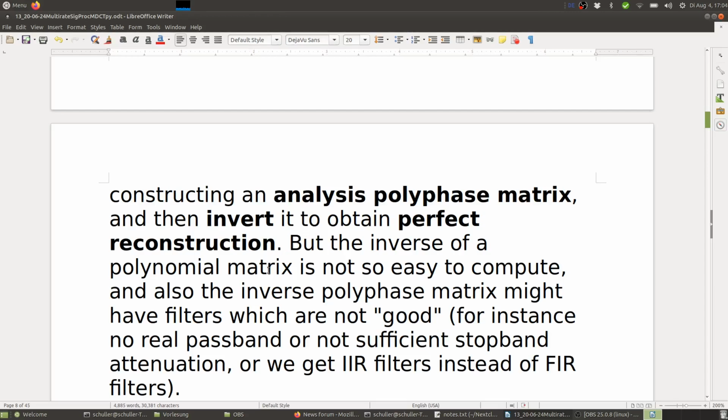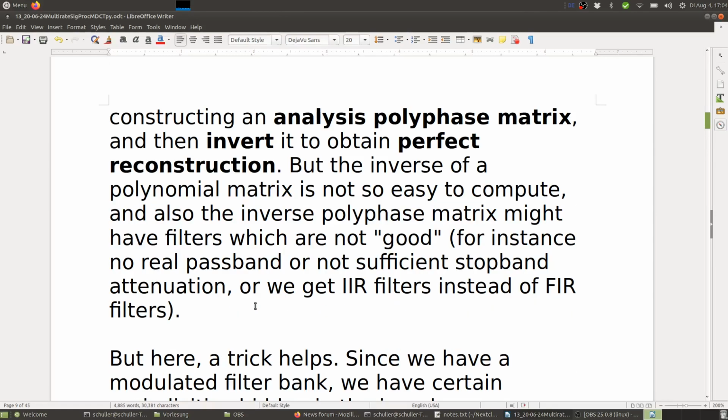But the inverse of a polynomial matrix is not so easy to compute, and also the inverse polyphase matrix might have filters which are not good. For instance, no real passband or not sufficient stop attenuation, or we get IIR filters instead of FIR filters. Right? This is all what can happen.